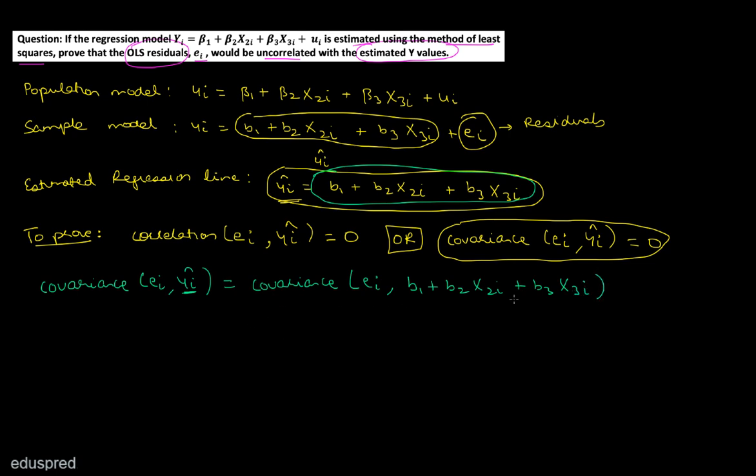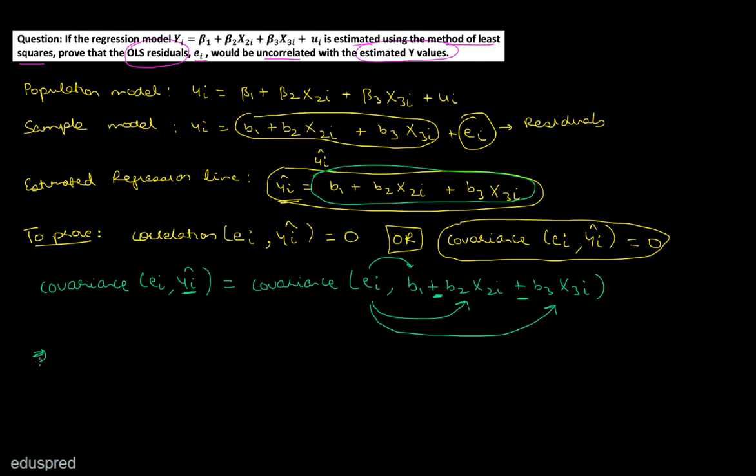Now we can use the properties of covariance to evaluate this expression. Basically this expression can be written as covariance of ei with b1 plus the covariance of ei with b2 x2i plus the covariance of ei with b3 x3i. So this is one of the properties of covariance, and we can utilize this property over here.